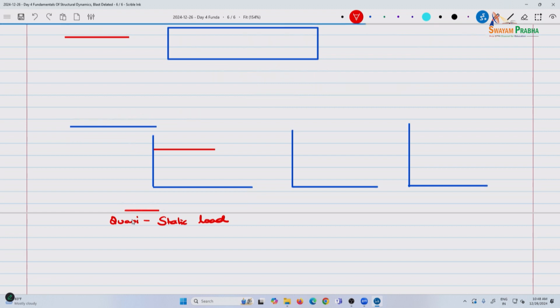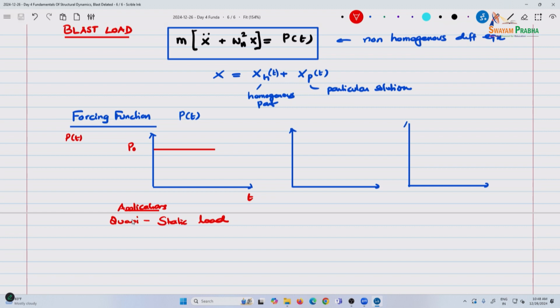What's an industry application for this type of loading with reference to blast? I heard that term one of the days. Vibrations. Anybody else? Nuclear industry, right? Who mentioned nuclear explosions once?